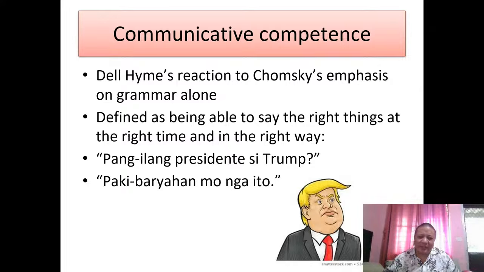Now, we can always think of ways in English to say these things, but native speakers might not actually understand us. So we need to understand how to say them idiomatically. "Pang ilang presidente si Trump, pakibarihan mo nga ito." So these are examples of the utterances that show communicative competence.